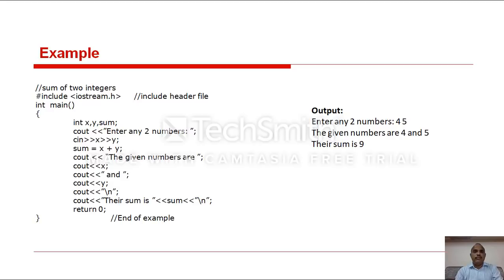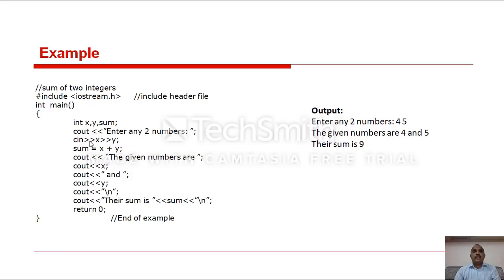Clear, all of you? The operators less than and greater than, the arrows, are the operators which tell the direction in which the data is moving. The operator less than is called the insertion operator or put-to operator.